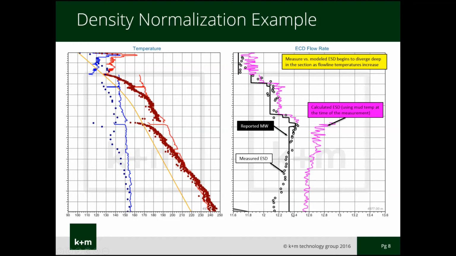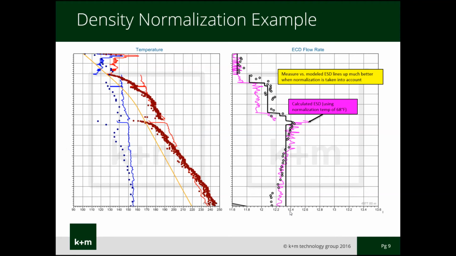What would this mud have weighed if it was at 68 degrees Fahrenheit? Well, this is the density that we would have, this black vertical line. When we find out that they're doing that and we run the simulation correcting for this normalization, you'll notice that the calculated ESD now matches the measured ESD.